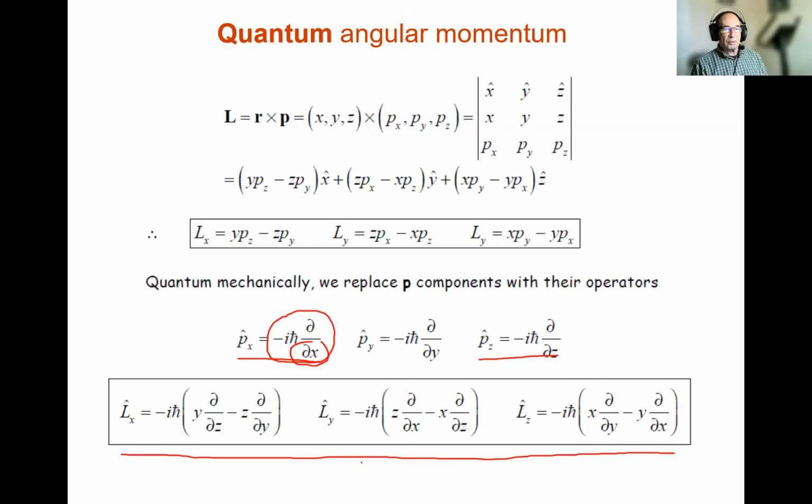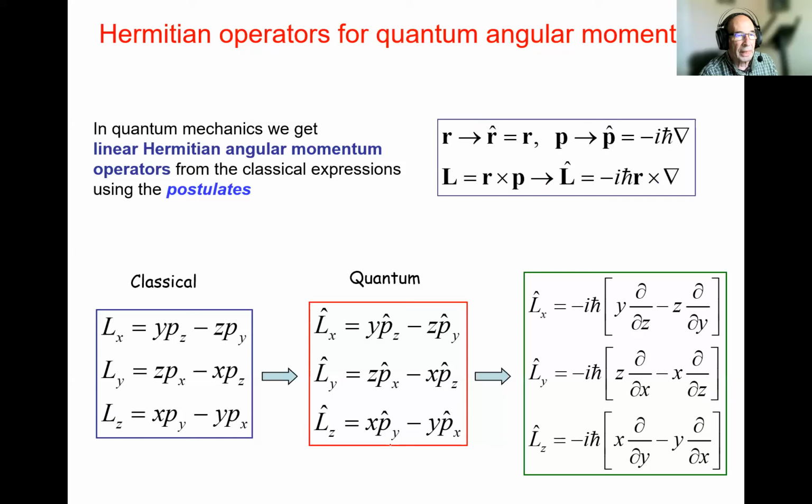And for that, we need to use our equation, which we postulated in postulate number 3. Therefore, we introduce these Hermitian operators for quantum angular momentum. We transfer from the classical representation of orbital momentum, where we didn't have these hats here, to this quantum representation where we substitute the momenta by the operators, and we end up with this expression here.